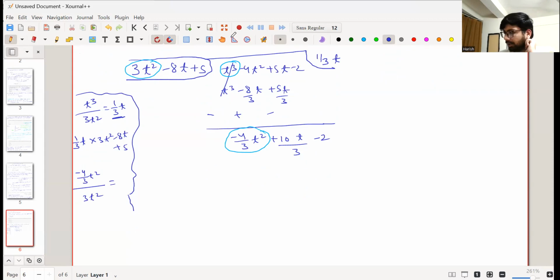So this is minus 4 by 9. So minus 4 by 9 will come here, and then this minus 4 by 9 has to be multiplied by this entire polynomial, and this will give you minus 4 by 3 t square plus 32t by 9 and minus 20 by 9. Change the signs.